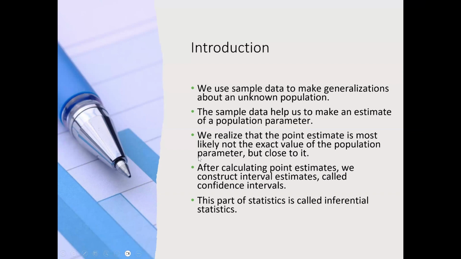Okay. We use sample data to make generalizations about an unknown population. The sample data help us to make an estimate of a population parameter. We realize that the point estimate is most likely not the exact value of the population parameter, but close to it.